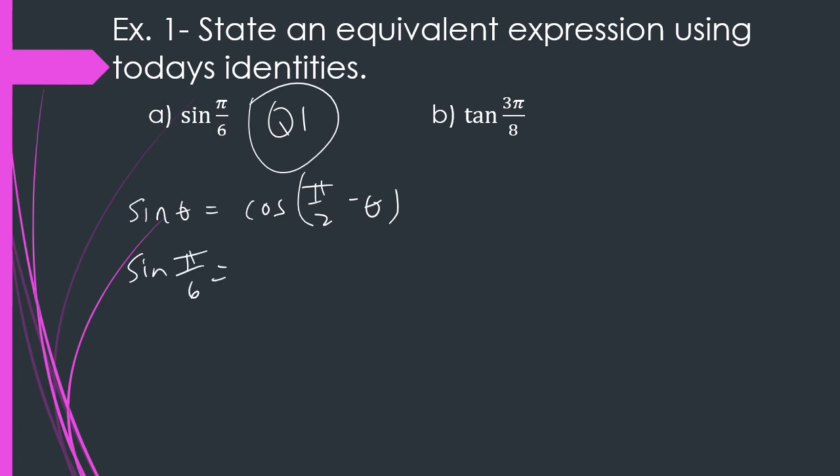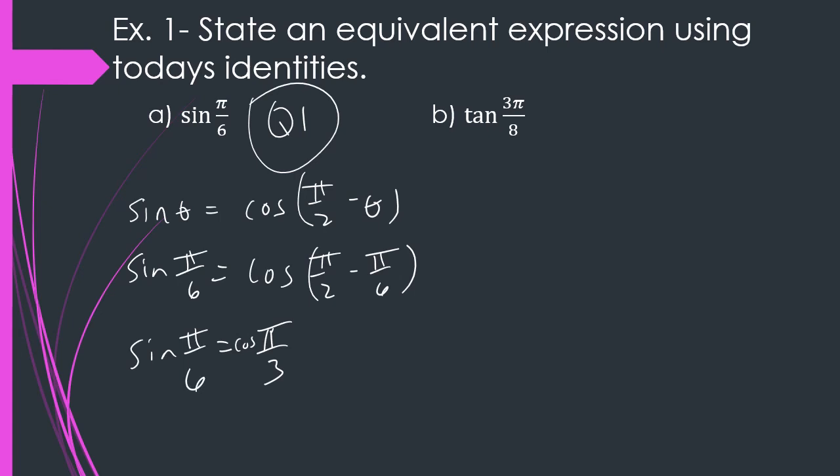So sine of pi over 6 equals cos of pi over 2 minus pi over 6. Again, theta was pi over 6, so it's pi over 6 on this side as well. Using your calculator, 1/2 minus a sixth equals a third. So this is the same thing as cos of pi over 3. So there is an equivalent expression using today's identities.